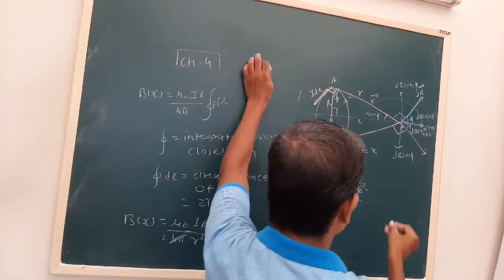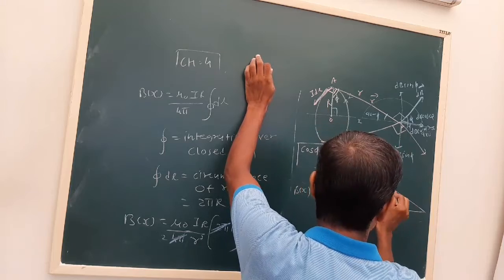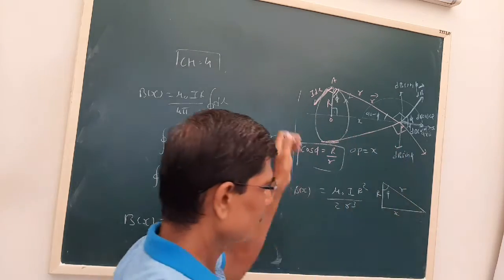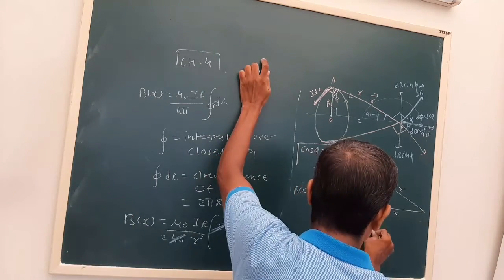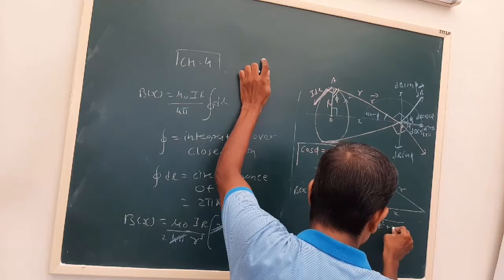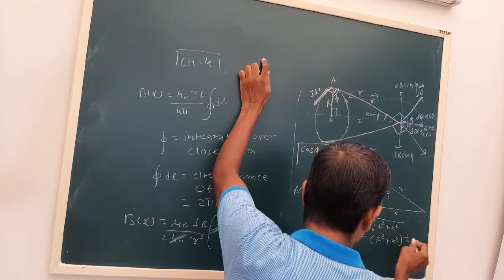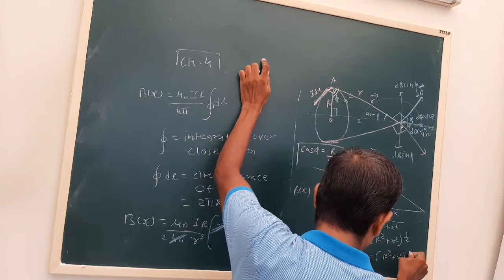Now from the geometry of the figure, this is capital R, this is the distance r, and this is x. So we see this is a right angle triangle. r is equal to the square root of R squared plus x squared, that is, R squared plus x squared raised to 1 by 2. So r cube is R squared plus x squared raised to 3 by 2.